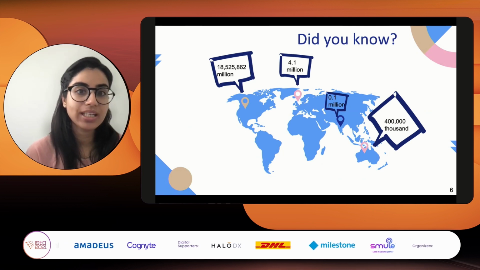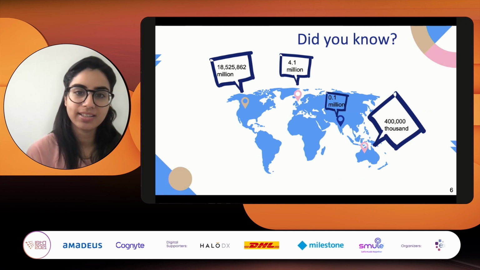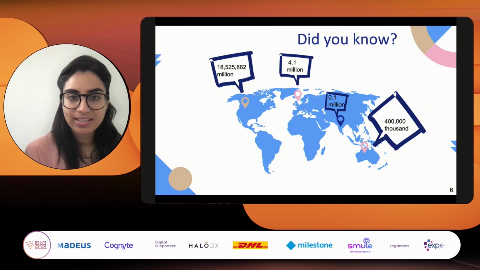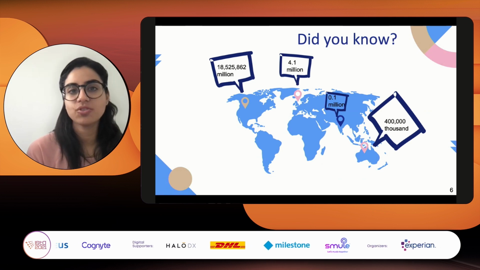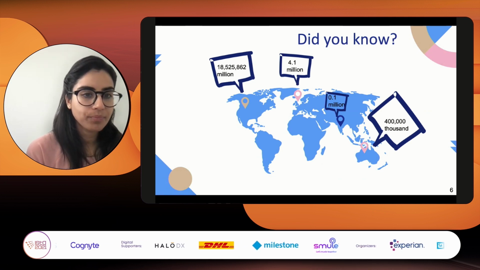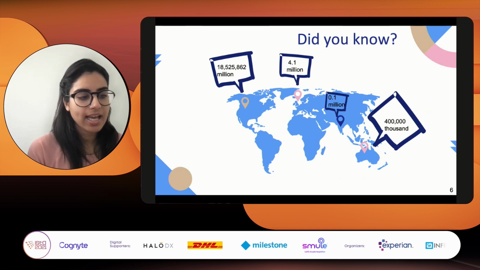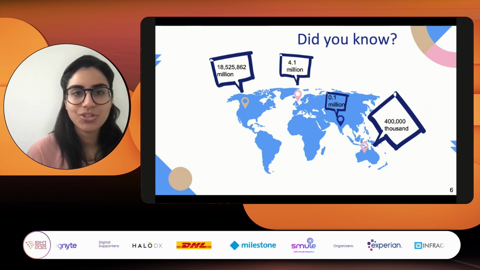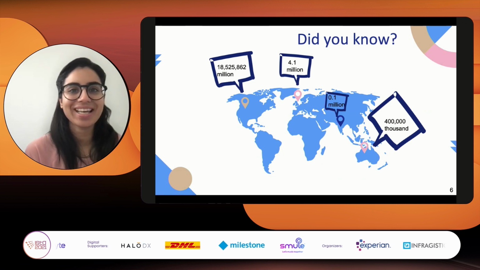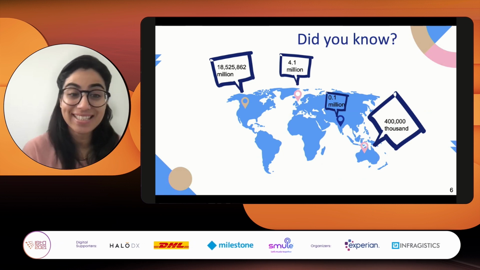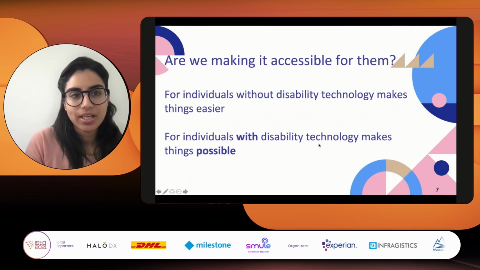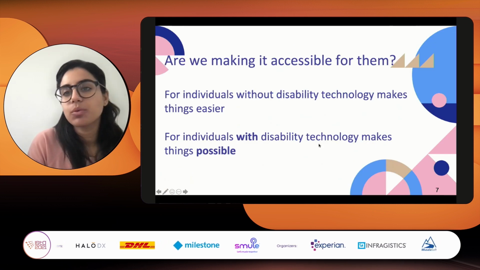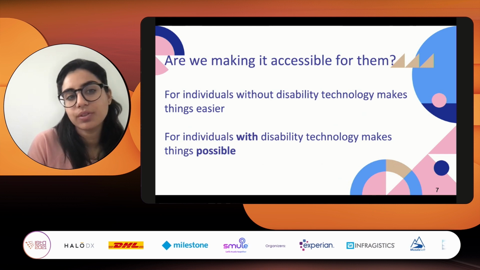So it's really important to learn that there's big numbers and there's people who are disabled and they can still access your apps. So I think we should consider this. And a question to you, will you consider bringing accessibility into your teams now after seeing these numbers? So, because of these numbers that we've seen, are we making it accessible for them?